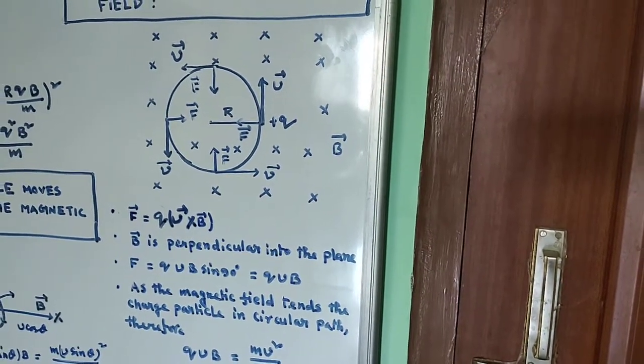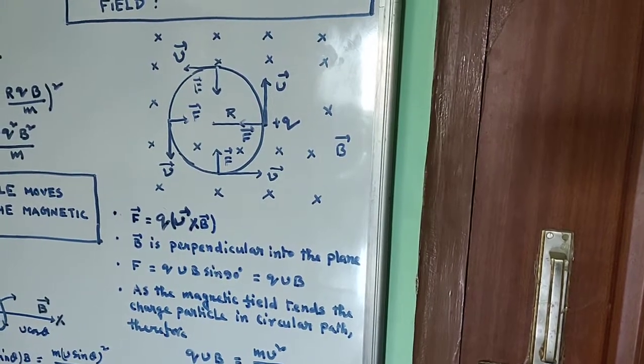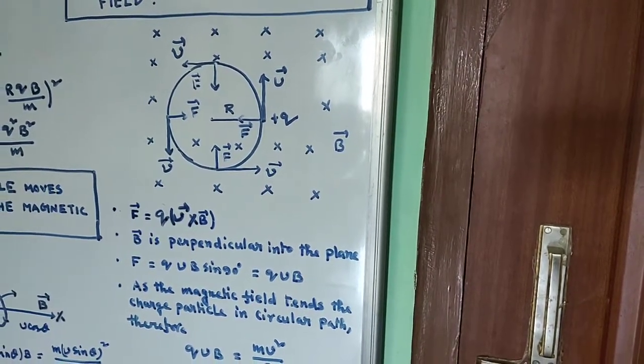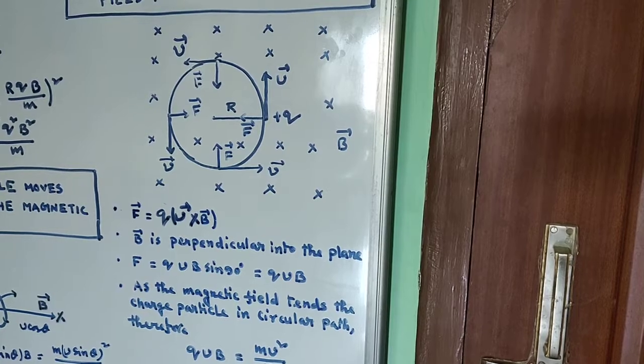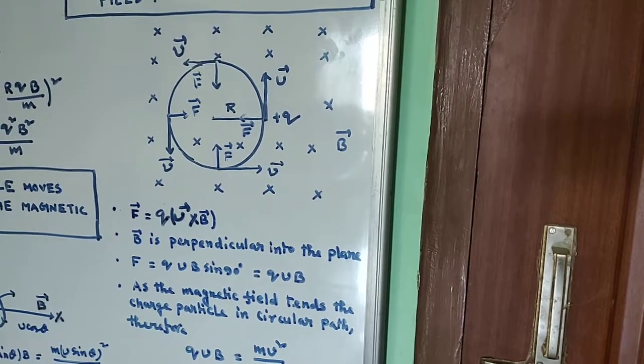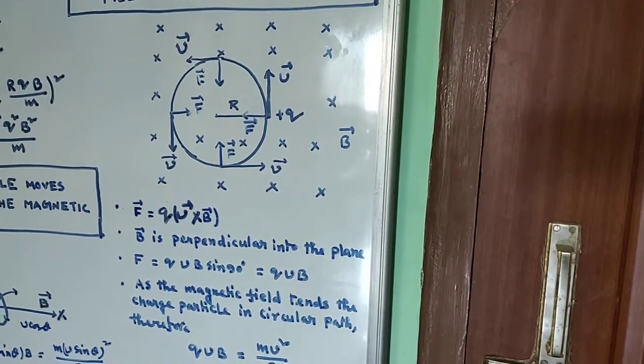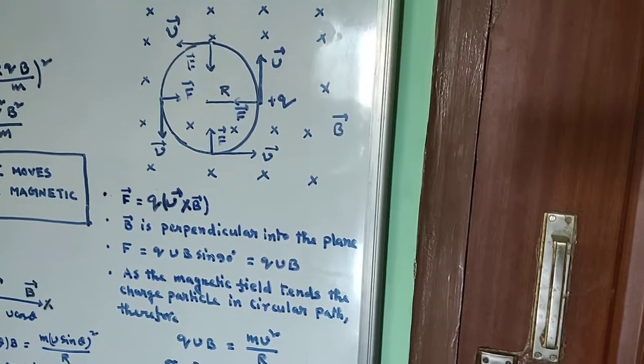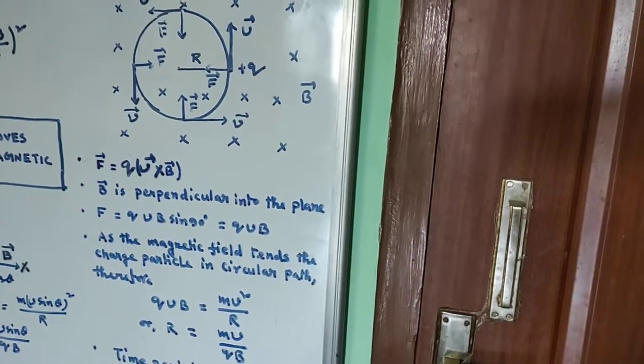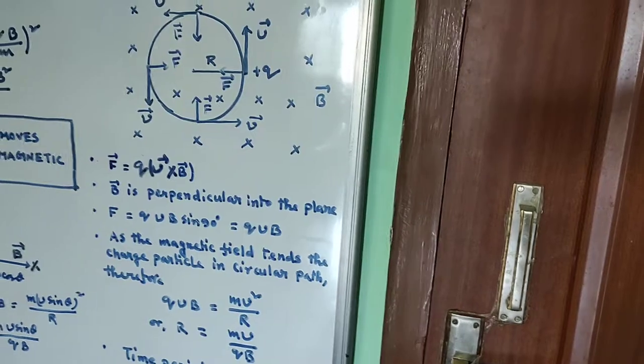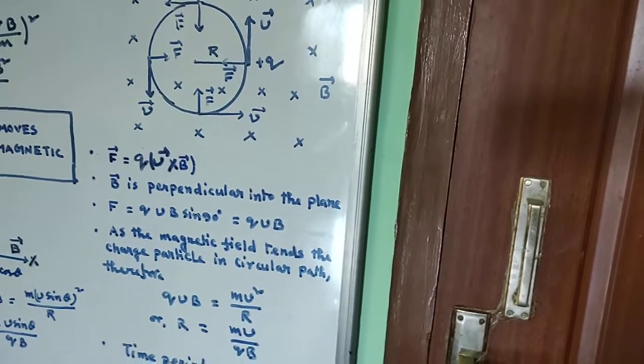Basically the magnetic field tends to make the path of the charged particle circular, so a centripetal force comes out, and that centripetal force is balanced by the magnetic force.